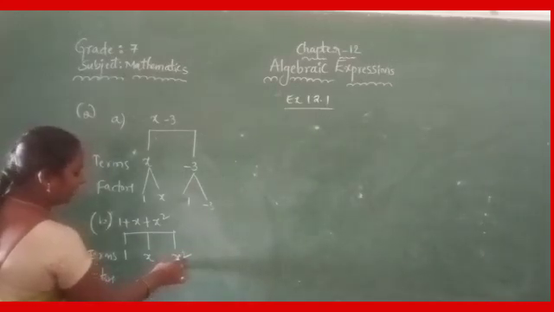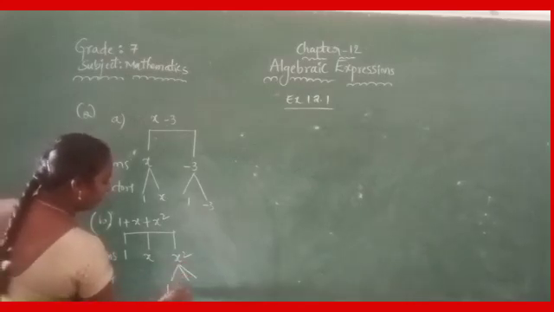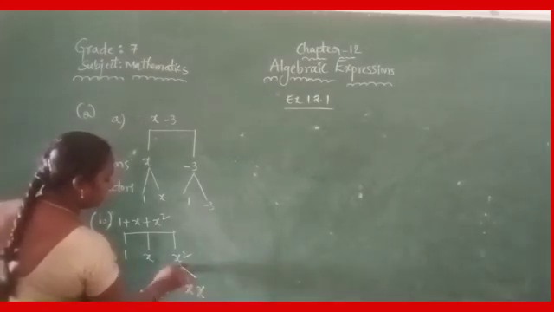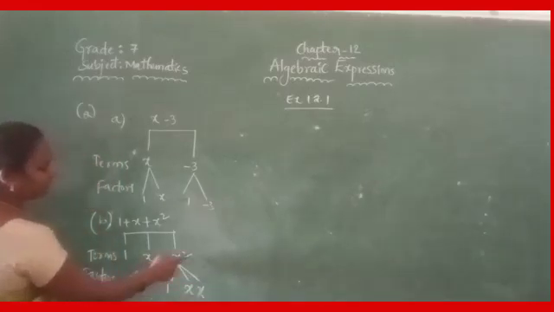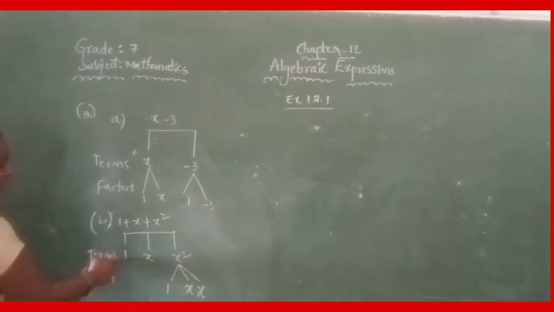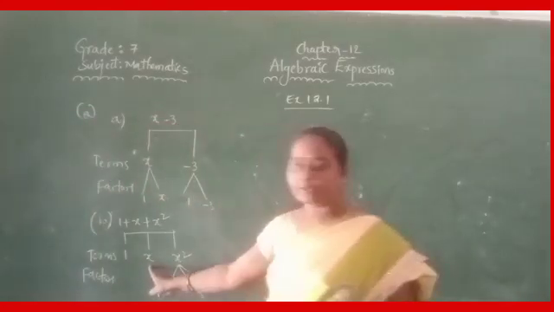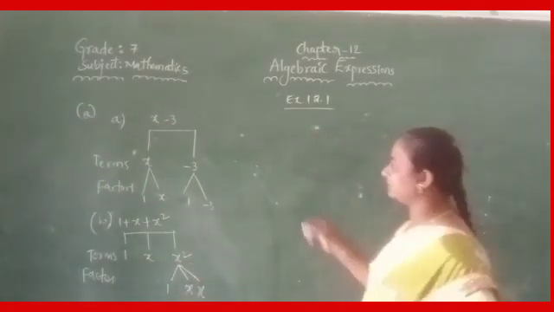Here x square has 1, and also x into x square. 1 is the coefficient, 1 is the constant and x is the variable. So that is also multiplied by 1. Okay? So you can write like that only.